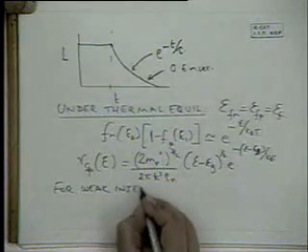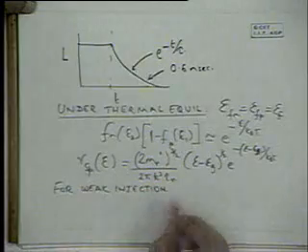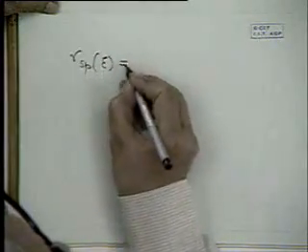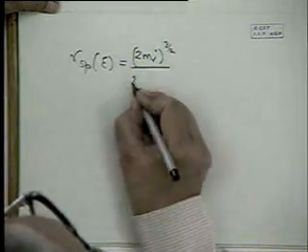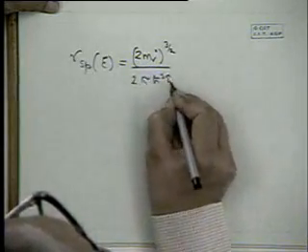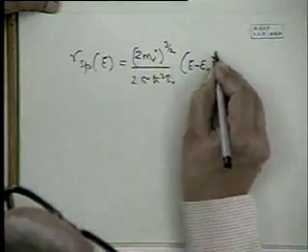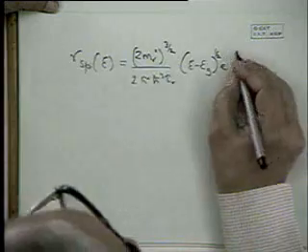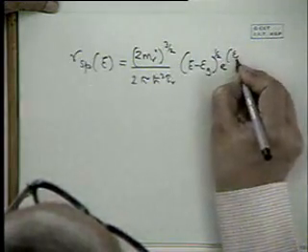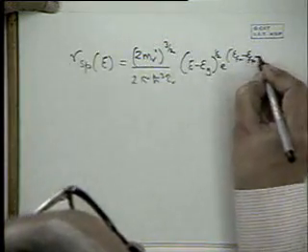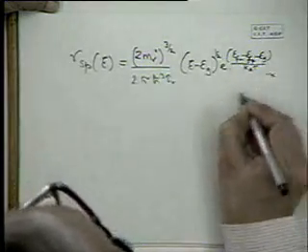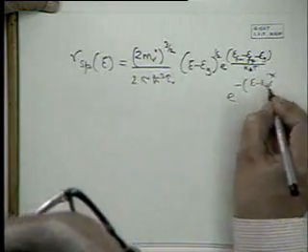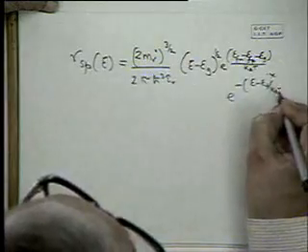For weak injection, when the Fermi level splitting is not very large, then we can rewrite that expression as twice m_r star to the power 3/2 by pi h-bar cubed, and here instead of E minus E_g we have E_FN minus E_FP, that's the quasi-Fermi level splitting, minus E_g over k_BT, into e to the power minus (E minus E_g) by k_BT.